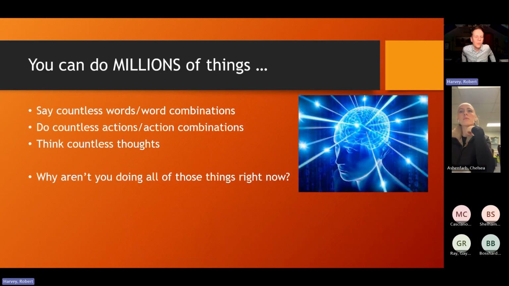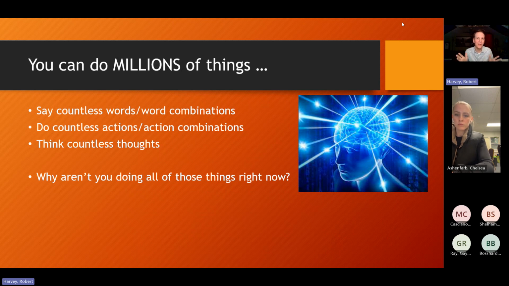So this is when I read Skinner's verbal behavior book. This was the thing that really blew my mind, that I had just never considered before, and I think it's really fun to think about, is this idea that you can do, and I think millions is actually off.